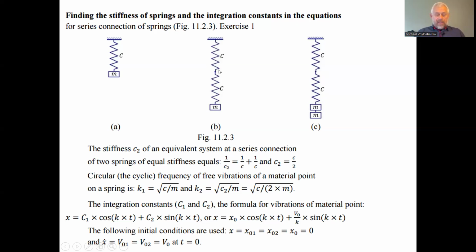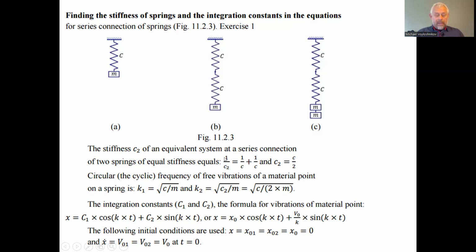As these two springs are connected in series, C2 is the equivalent stiffness if we substitute these two springs by only one spring, unit one, for the suspension of the load of the same mass. The stiffness of the equivalent spring, which can substitute the indicated two springs connected in series, will be as in the relation indicated here in the formula.